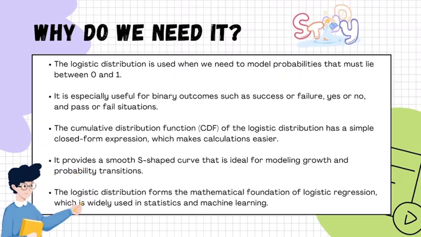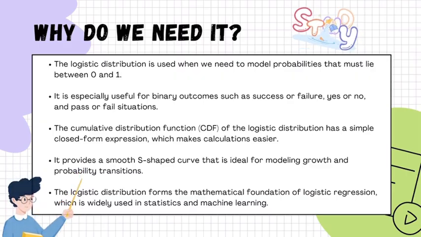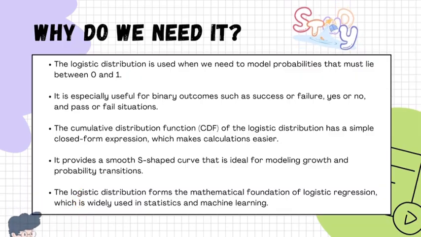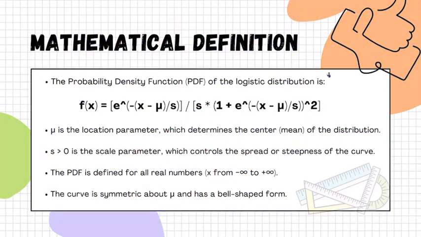It also gives a smooth S-shaped curve, which helps us model gradual growth and smooth probability changes. Because of all these reasons, the logistic distribution is the foundation of logistic regression, which is widely used in statistics and machine learning.